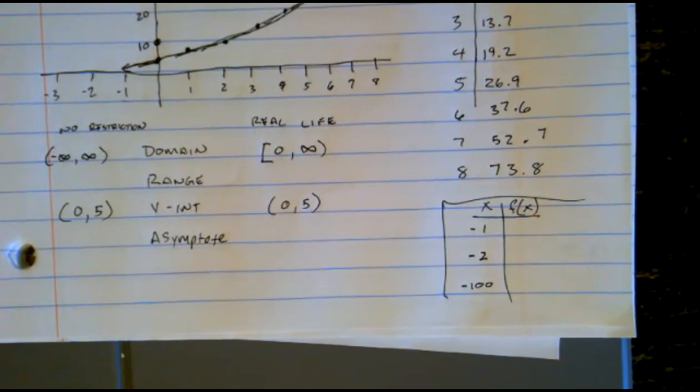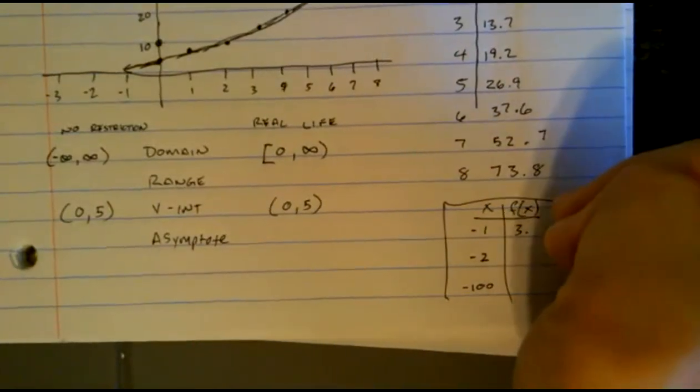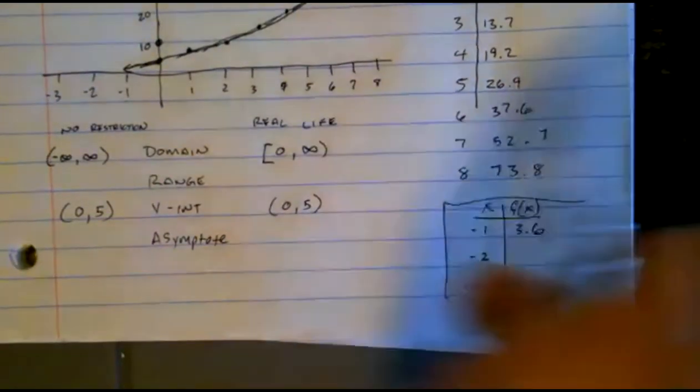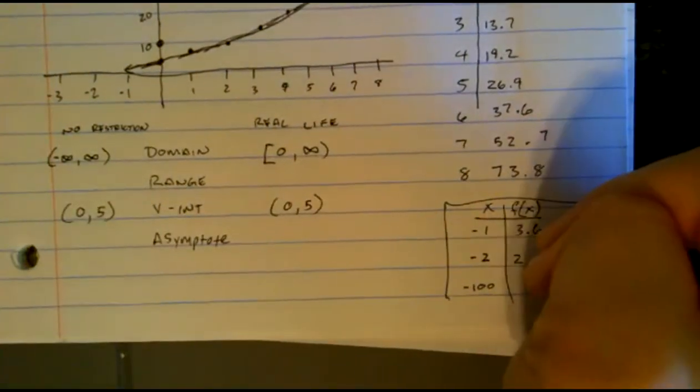Exploring this from a calculator standpoint, we're just going to use the negative version. So -1 creates 3.6, and I'm just rounding it off. -2 creates 2.6.